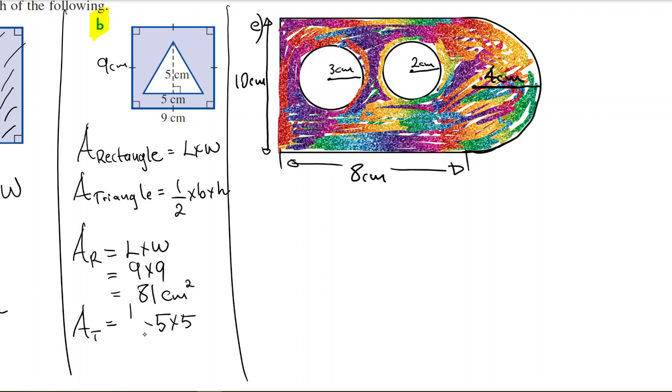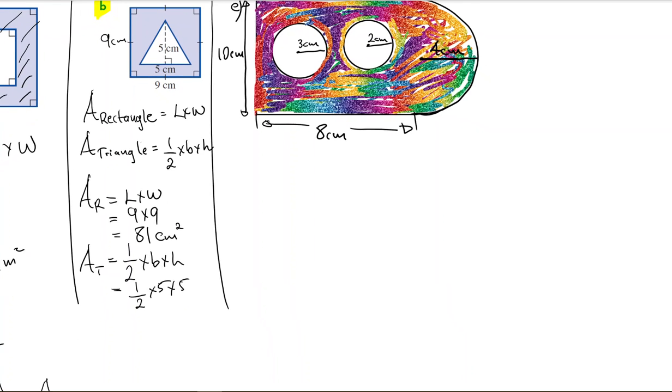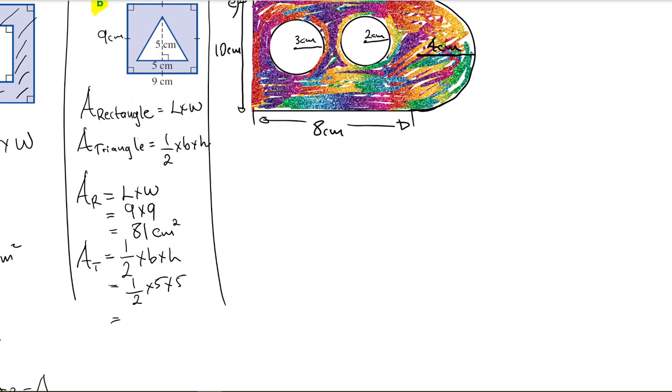I should have written the formula first. A half times base times height, I get a half times 5 times 5. My answer then is 12.5 centimeters squared.